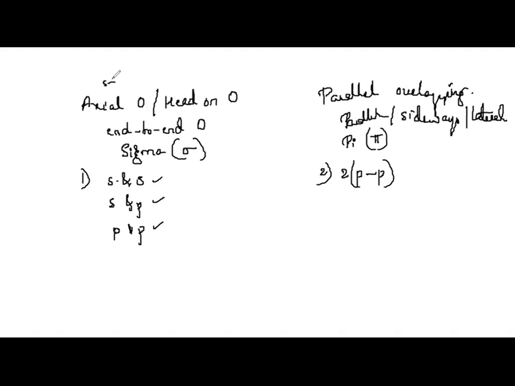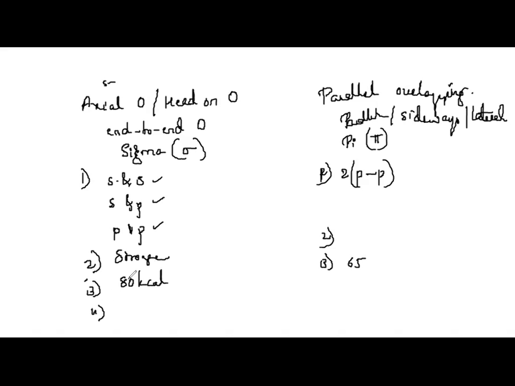Since sigma overlap is axial and more effective, sigma bonds are stronger, whereas pi bonds are weaker, comparatively. Bond energy, if you see, for a carbon-carbon sigma bond it is 80 kilocalories, and here it is around 65 kilocalories.